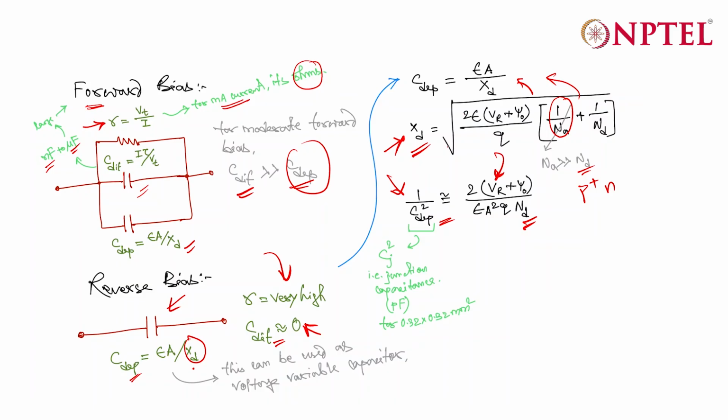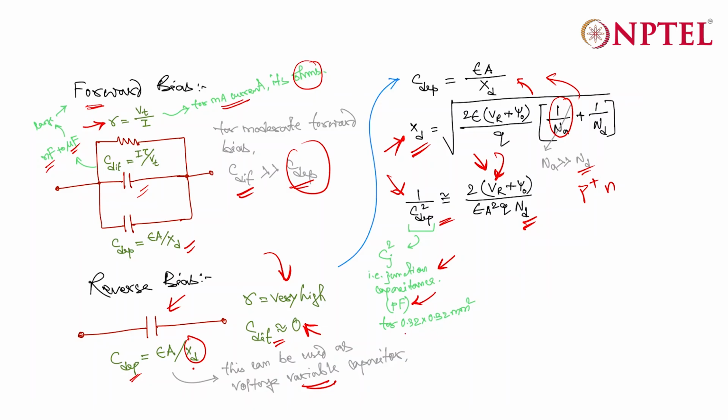Now this depletion capacitance is also known as junction capacitance in certain cases. You will find in certain literature it is written as junction capacitance. And this particular capacitance is a function of Vr. That's why it is called a voltage variable capacitor. So this reverse bias diode in some cases can be used as a voltage variable capacitor. The usual value for this capacitance is in picofarad.